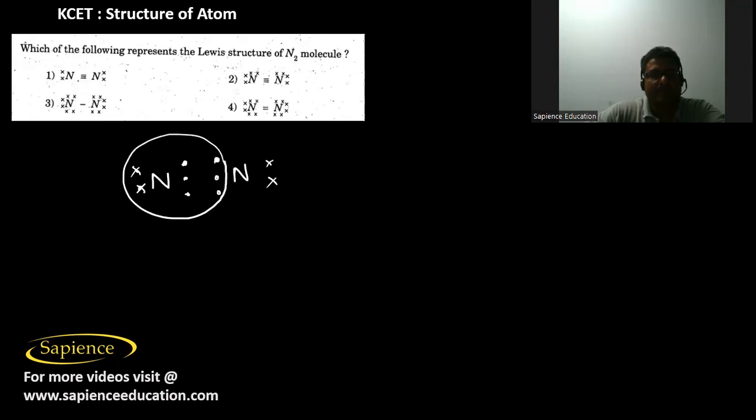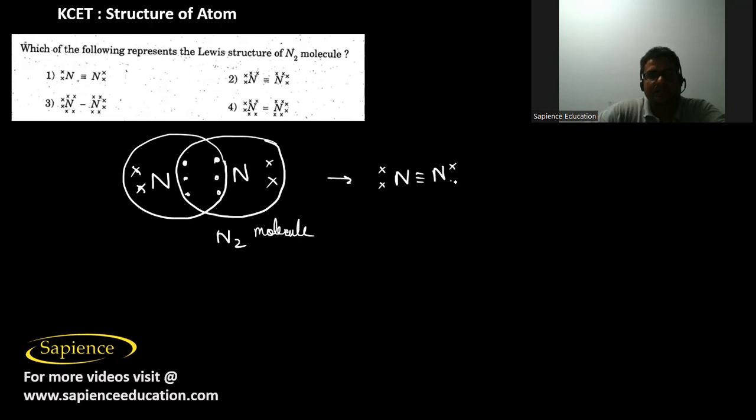So here the octet will be completed. Here also the octet will be completed. So it is the Lewis dot structure of nitrogen N2 molecule. So these 3 electron pairs have been shared to form 3 covalent bonds. We can also show it like this, and one lone pair on each nitrogen atom. So option 1 is the correct answer.